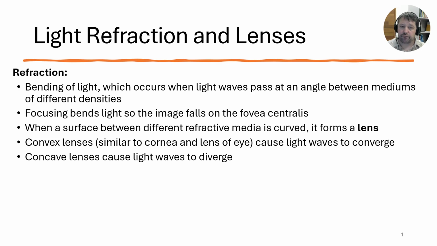Okay, so convex lenses will concentrate the light waves, so it'll converge the light waves into a single beam. A concave lens will diverge or spread the light beams. Okay, and so there are different purposes for different uses of the lens. Like if you're trying to focus on something very fine, like if you're reading and you're focusing on letters, then you want the lens to be convex and concentrate on a single image.